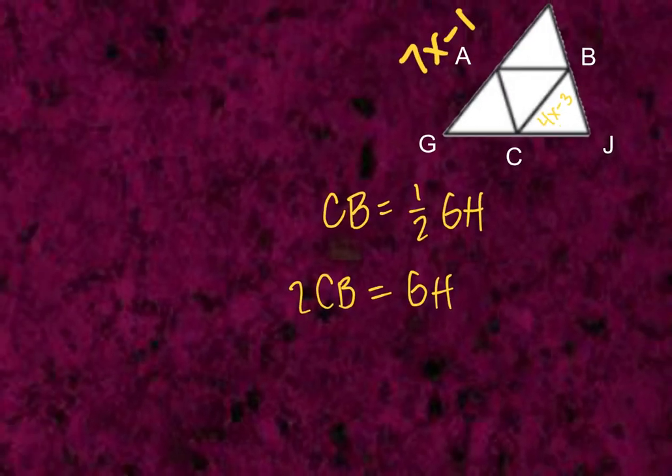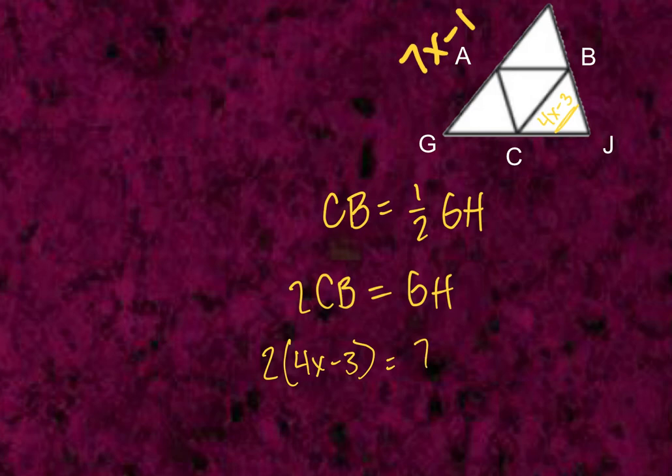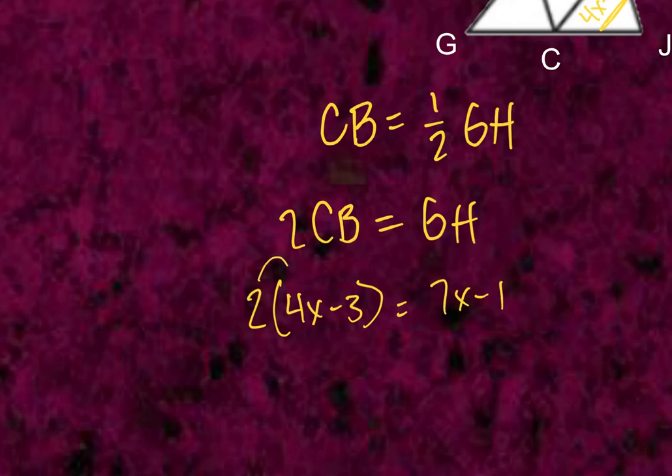Now, we're going to plug in CB, which is 4x minus 3. So 2 times 4x minus 3 equals GH, which is 7x minus 1. We distribute that 2 to both terms. What do I get when I distribute? 8x minus 6 equals 7x minus 1.